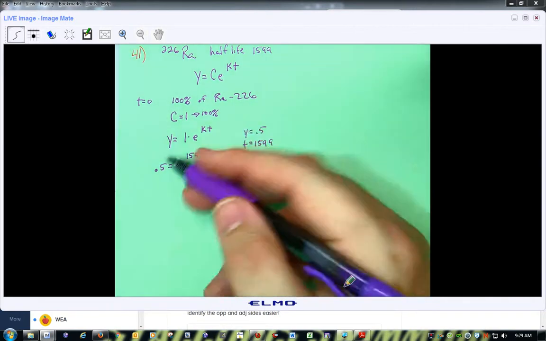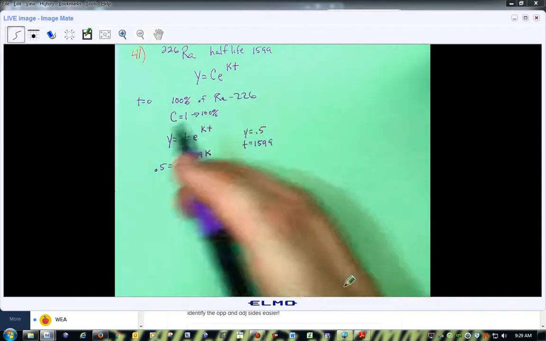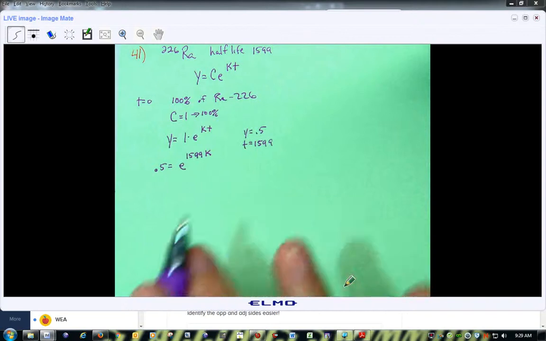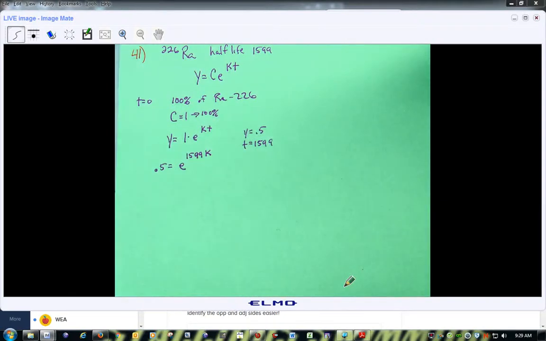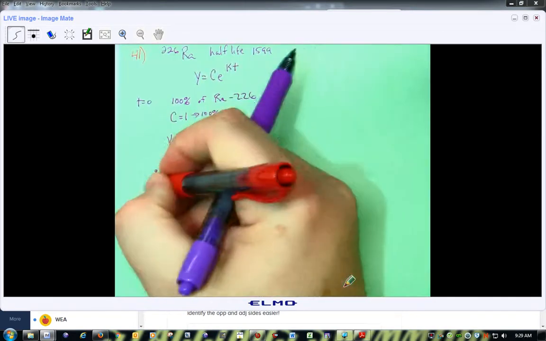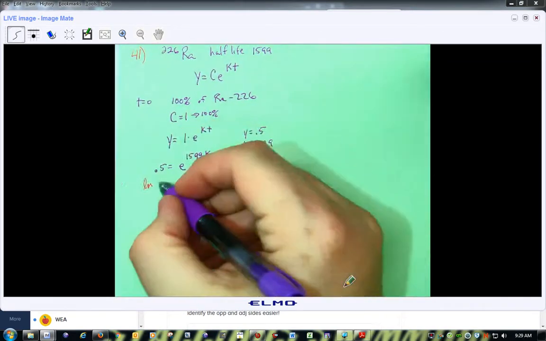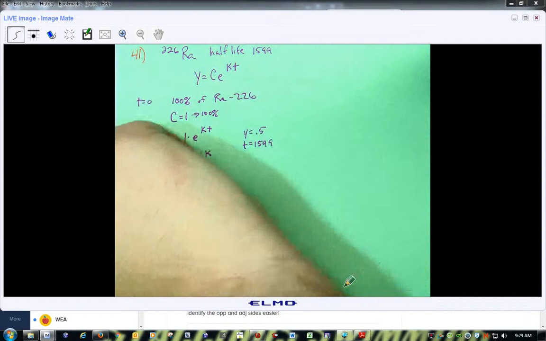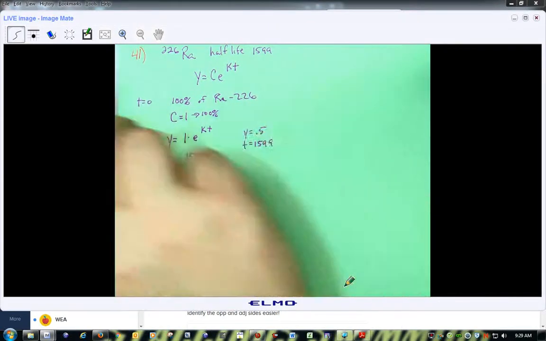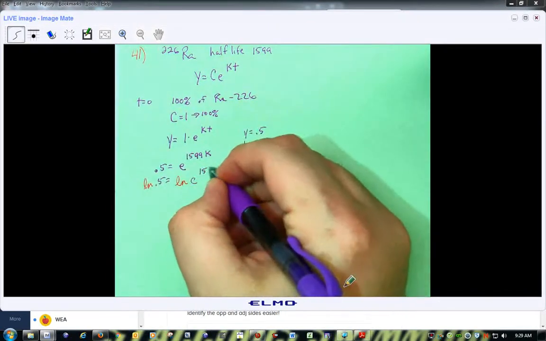Now I'm going to show you something really cool in a second here. Now, how do we solve this type of situation? Yes, natural log of both sides. So I'm going to take the natural log of 0.5. That's going to be equal to the natural log of e to the 1599k.